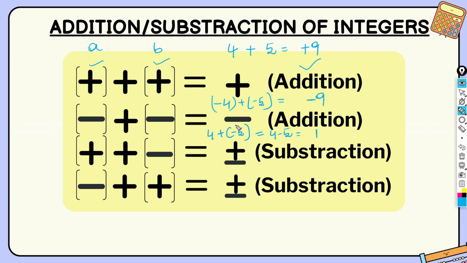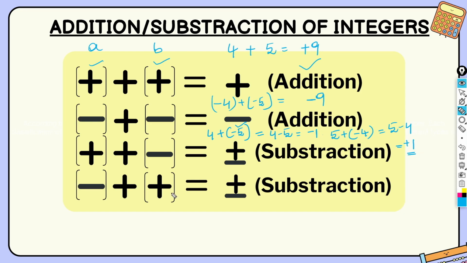So here 5 is the larger number and its sign is minus. So you should put minus sign. We'll see another example. Let A be 5 and you do addition with minus 4. So you will get the answer as 5 minus 4. That is equal to 1. And the sign you put is plus because 5 is the larger number and 5 contains the plus sign.